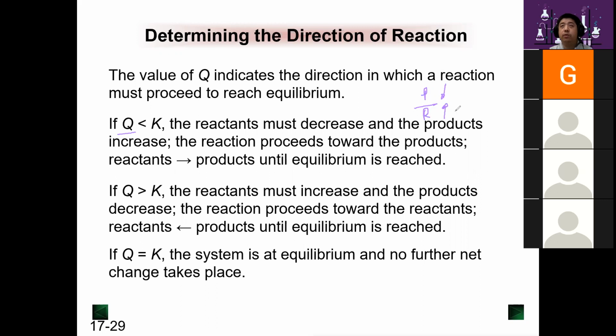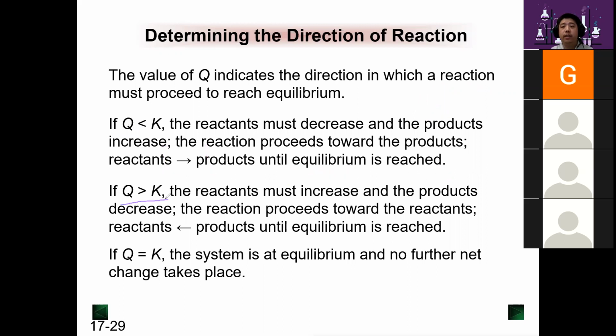I don't have enough products or have too much reactants. So it's not enough to reach K. So as a response, in order to shift to reach K, we will essentially use up our reactants and make more products. So in other words, shifting to the right. So we're taking our reactants, we're changing it into products. Okay, so this is a shift to the right when Q is less than K.